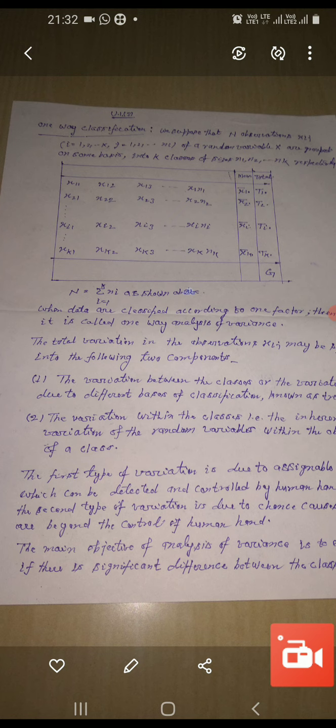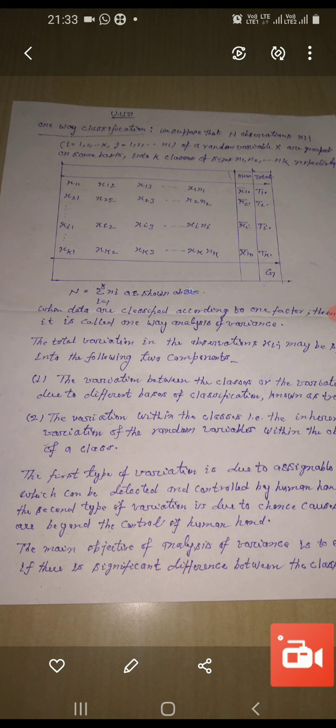And corresponding row means and totals are given as x1 dot bar, x2 dot bar, xi dot bar, xk dot bar, and corresponding row totals are given as t1 dot, t2 dot, ti dot, tk dot.